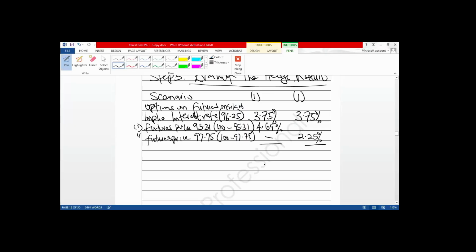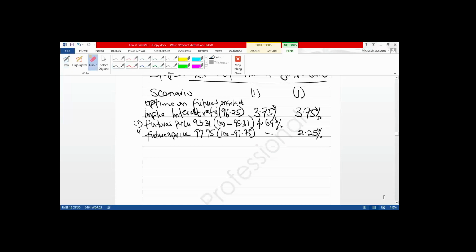Now, I don't put this yet. Need to answer yes or no. You have a choice. Look at this scenario. You have a choice to borrow at 3.75 or borrow at 4.69. Which one is better for you?